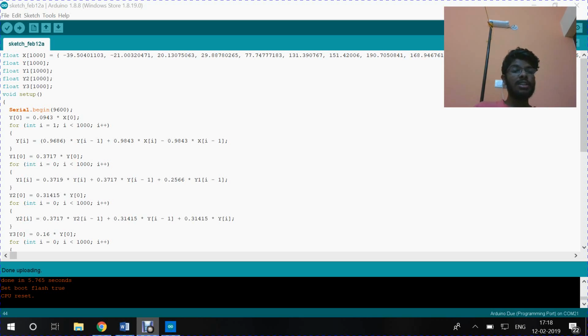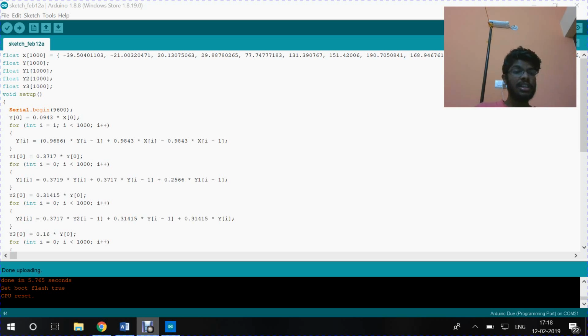Now we will repeat the same by taking a low pass filter with a cutoff frequency of 10 hertz instead of 30 hertz. The equation will be modified, and the modified equation will be y of n is 0.3717 into y of n minus 1 plus 0.31415 into x of n minus 1 plus 0.31415 into x of n.